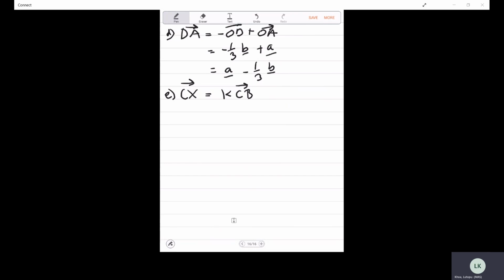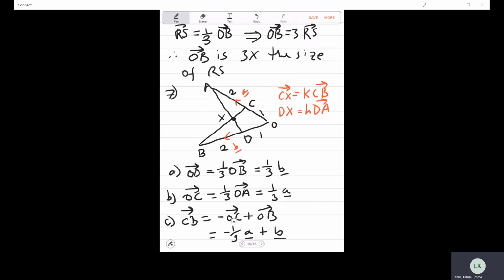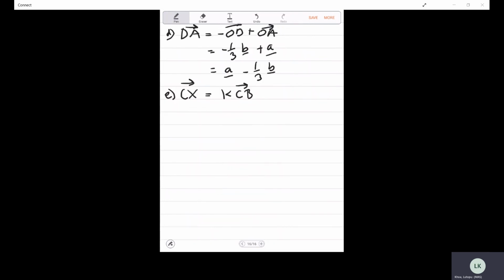Now CB, we worked it out in part C. So there it is, it's minus a third A plus B. Now we just substitute. This is K multiplied by CB. So we have K multiplied by minus a third A plus B. This is negative K over 3 A plus KB. So this K over 3, I can write it like that because K is a scalar, it's a number.